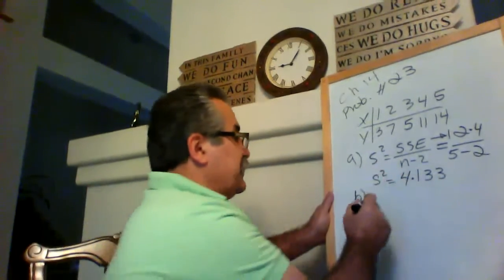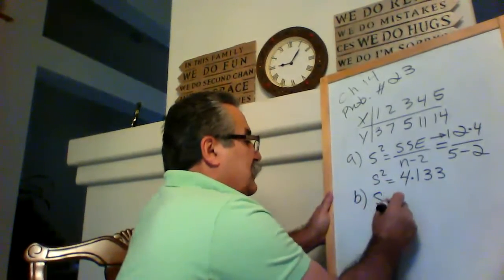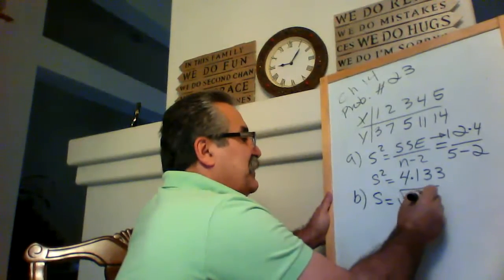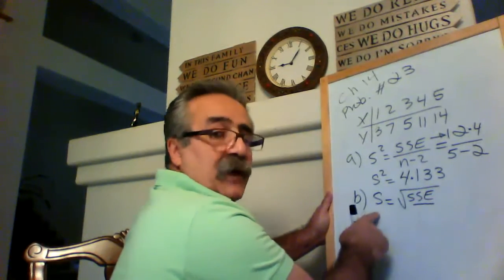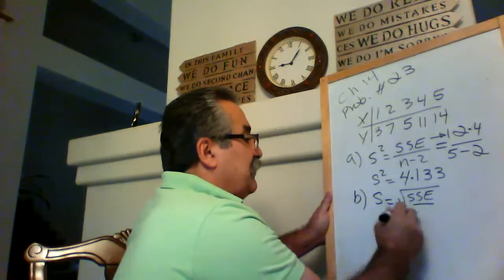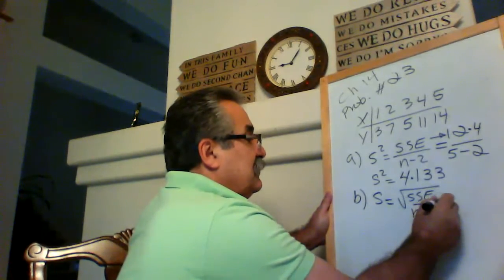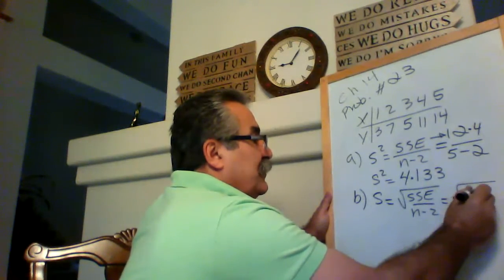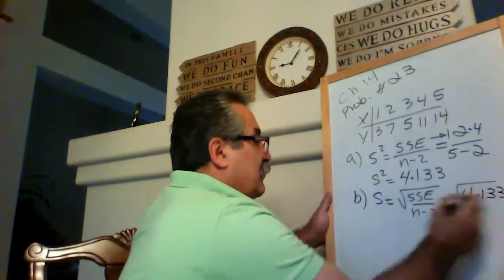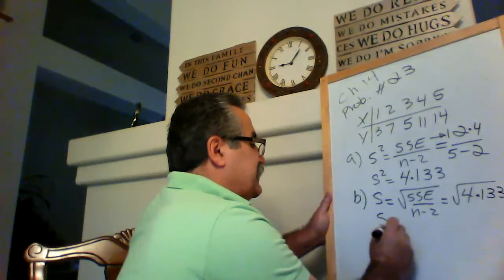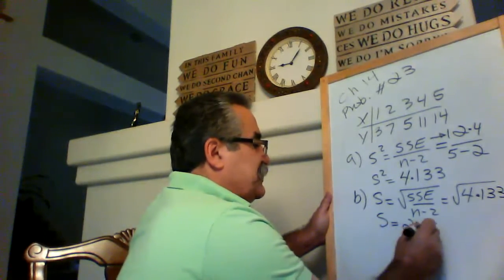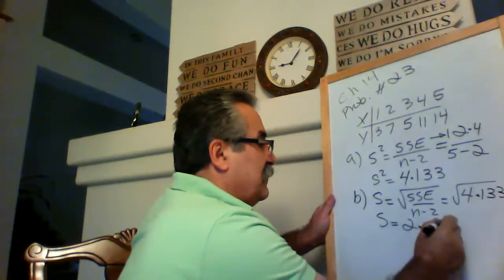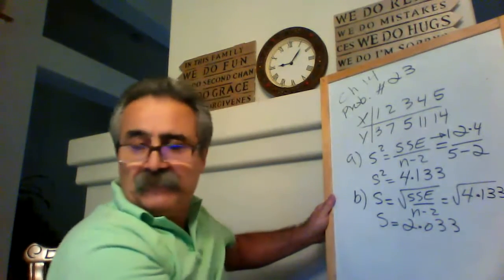Equation 14.16 is this one. S is equal to the square root of SSE divided by n minus 2, this is the standard error of the estimate. So that's the square root of 4.133, and then S is equal to 2.033.